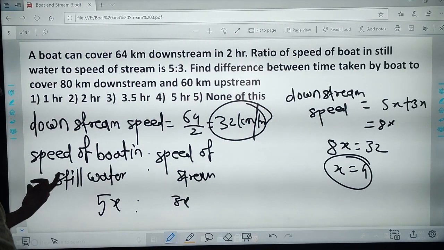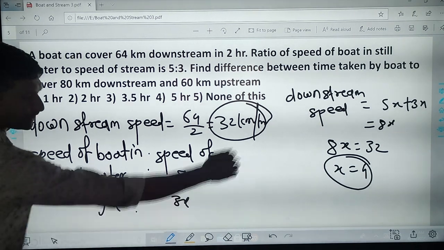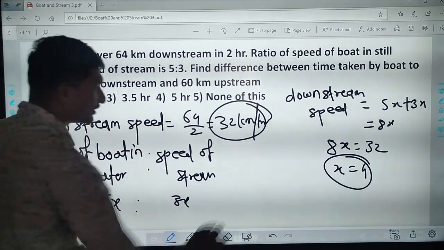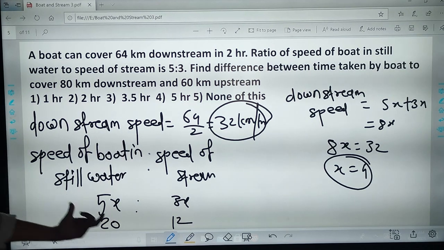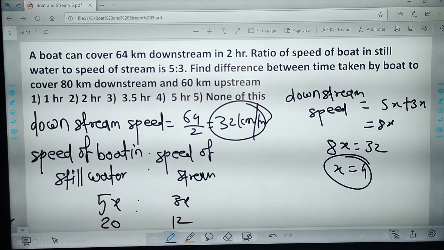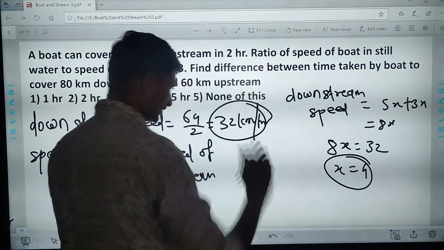Then the speed of the boat in still water is 4 into 5, that is 20, and the speed of the stream is 4 into 3, that is 12. Now here we find the upstream speed. Upstream speed is equal to 20 minus 12.